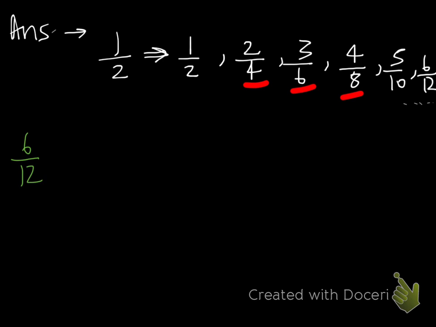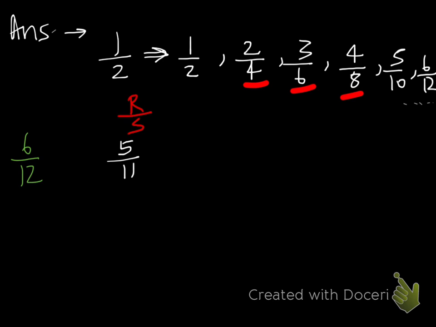What could possibly be the previous fraction, r by s? We can straight away subtract 1 from both the numerator and denominator, so r by s must have been 5 by 11.